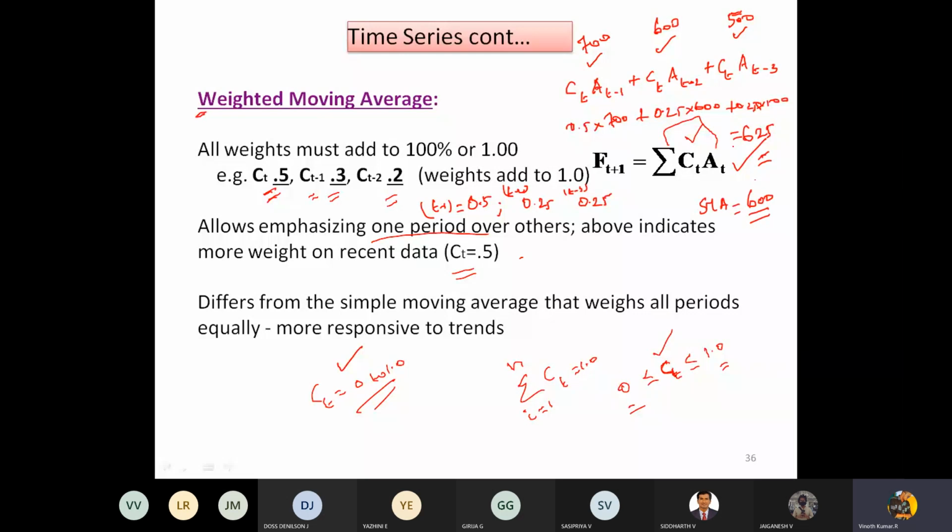And with the weighted moving average method, the WMA, it is 625, right? So from this, what did you understand? It is 600, it is 625. What did you understand from these two answers? Why?